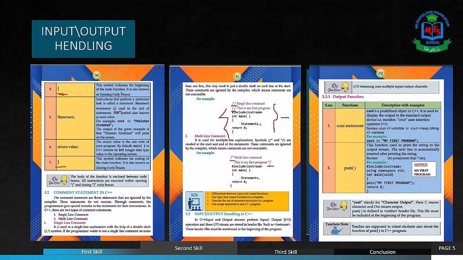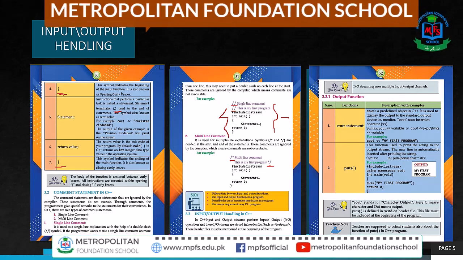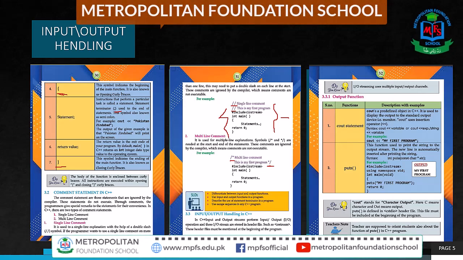For example, my first program: you write cout, the insertion operator, and double inverted commas, and you write this is my first program. This is used to print the string to the output, and a new line is automatically inserted after printing the string. Input to hold the console for a little bit of time.